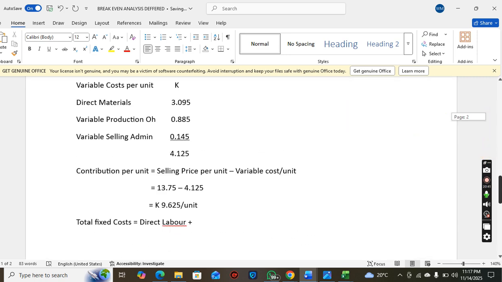So let me just write them down. Direct labor plus fixed production overheads plus admin expenses, and what was the last one?